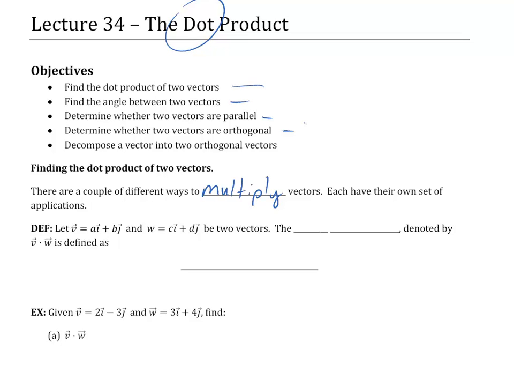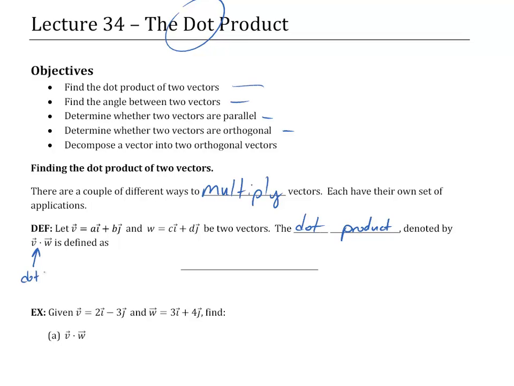So what do we mean by the dot product? Let's take two vectors. We'll call V = ai + bj, and W = ci + dj. Remember, i and j are unit vectors in the x and y direction respectively. a, b, c, and d are just now real numbers. The dot product is denoted by V dot W. So we're always going to put a dot in between the two.